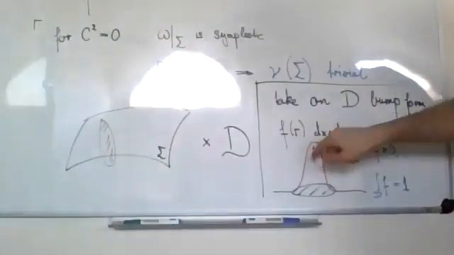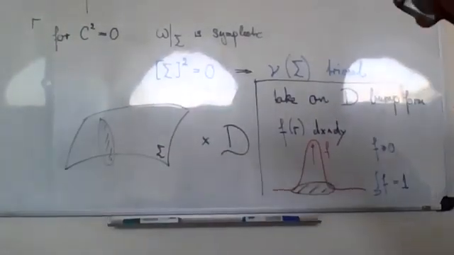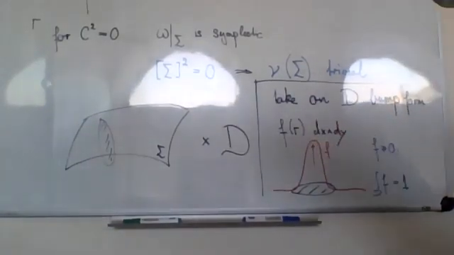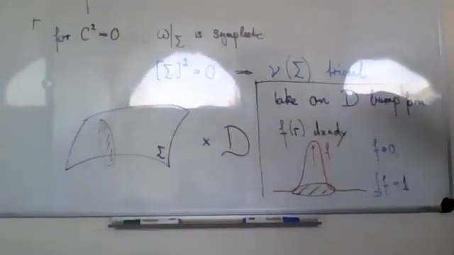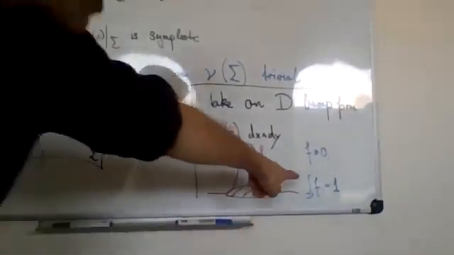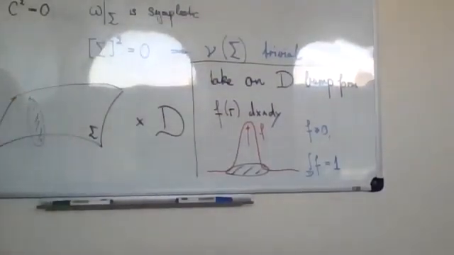You just take a little bump of r. I call it a bump form. It's a radial function f(r) dx dy, and I want that it's non-negative and the integral over the disk is 1.